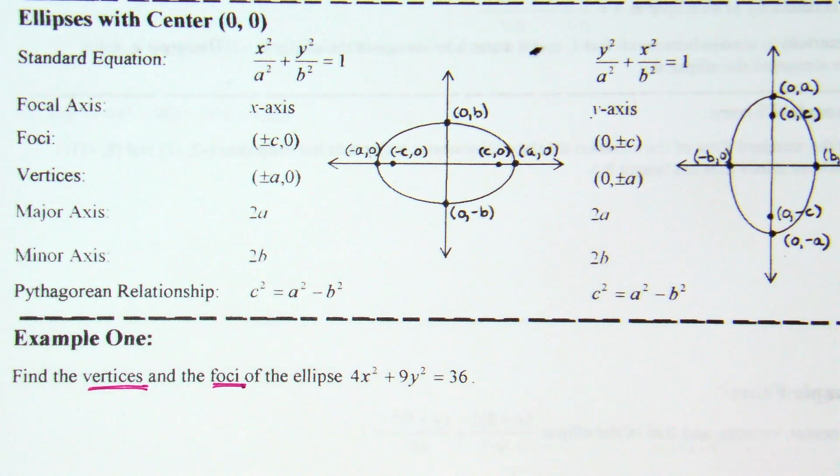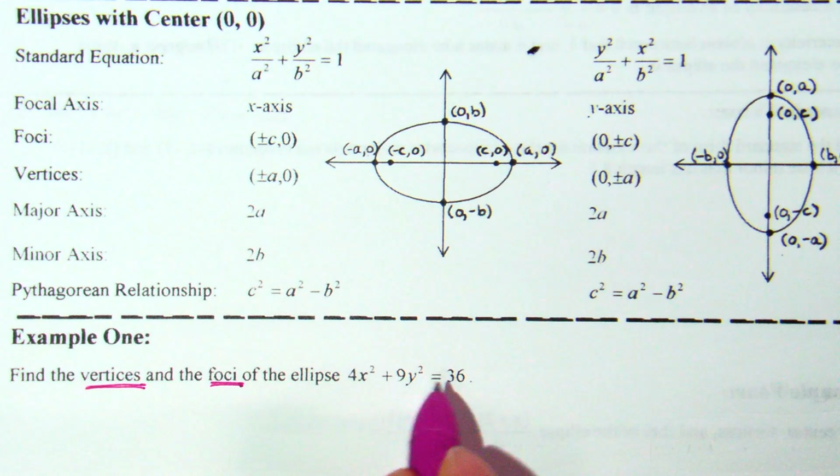I'm going to go the route of divide by 36. Not that I couldn't multiply by 1 over 36, but I'm going to go with, how do I divide to make this 1? And so I'm going to divide by 36.